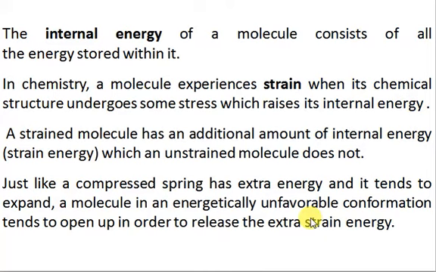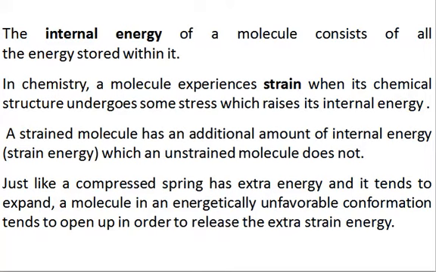Because of these repulsions, the molecule is becoming unstable, its internal energy is increasing, and in order to become stable, the three-membered ring tries to open up, the four-membered ring tries to open up. In the case of a five-membered ring or higher, there is no such strain because the atoms are far apart. There is no such repulsion.